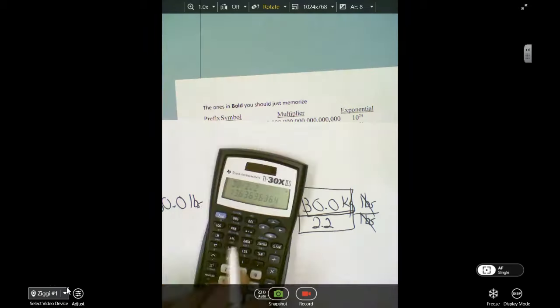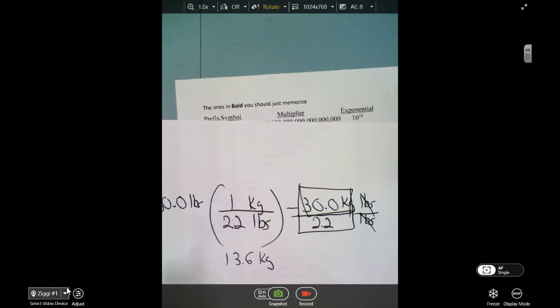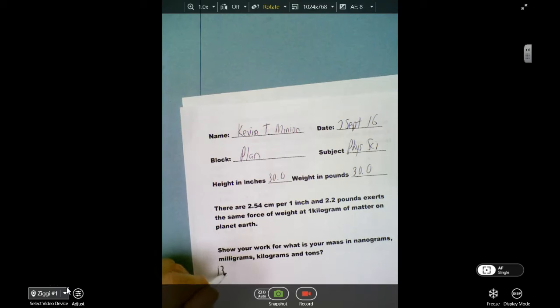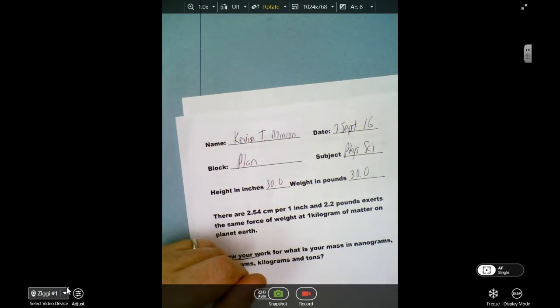You notice I lost the 363636 because I only had 3 digits here, 3 digits there as far as significant figures. So for my first answer, I can write 13.6 kg. Of course, I'm supposed to show my work. See attached.